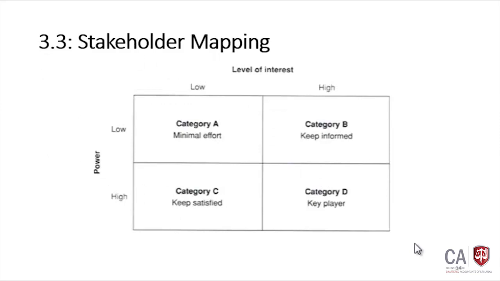Right. With that, I am moving to 3.3 stakeholder mapping. So, very important topic. If you look at the previous subject, BBC subject, this was tested a few times. So, stakeholder mapping, to map different stakeholders, right, we are going to use a model.